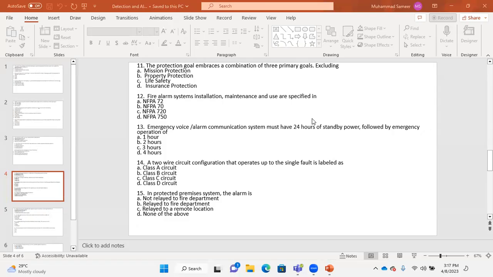B, Class B circuits. That's a draw. Anyone else who wants to contribute? A two-wire circuit configuration that operates up to a single fault.